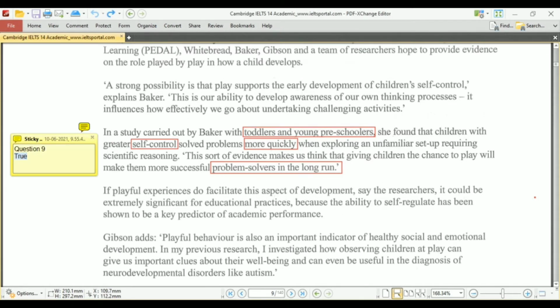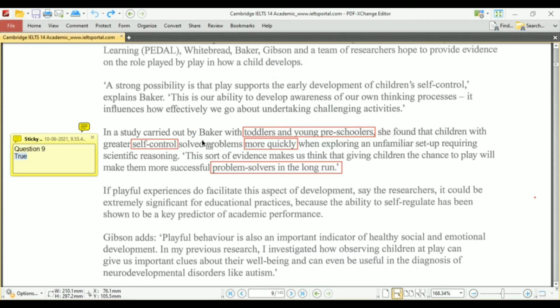So in the question it was: the ones who have good self-control will solve problems more likely in the future. Okay, so in the paragraph it can be like, here they will write that the toddlers or the young preschoolers, she found that those who have great self-control will not solve problems more quickly.